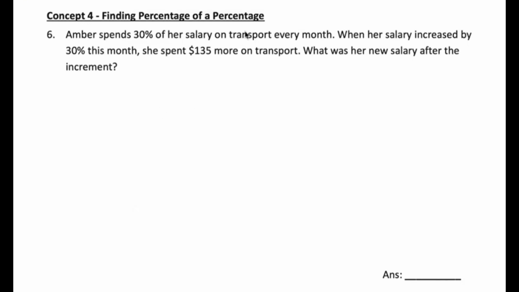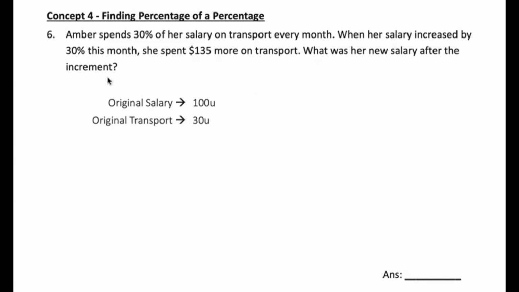So let's take 100 units as Amber's original salary. You can put 100%, you're not wrong, but this is one way to look at it. So it's easier to digest. Original salary is 100 units. Transport, if 30%, will be 30 units.